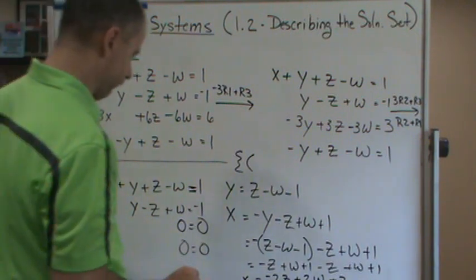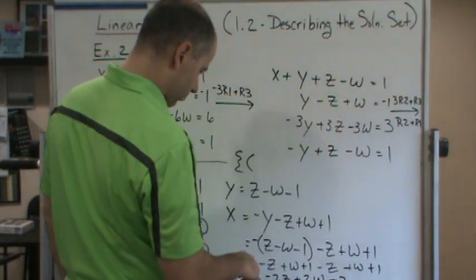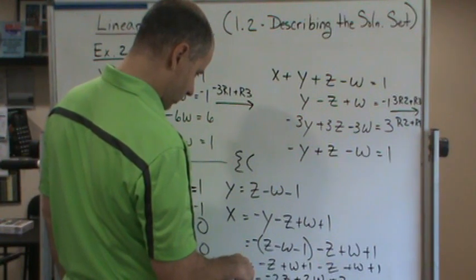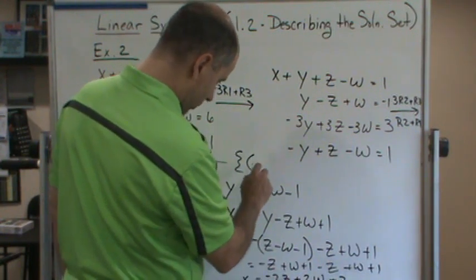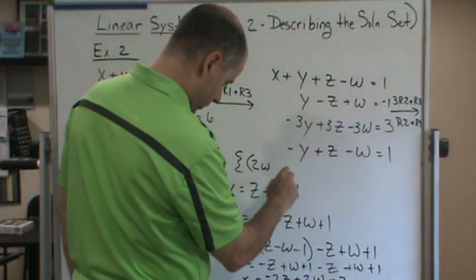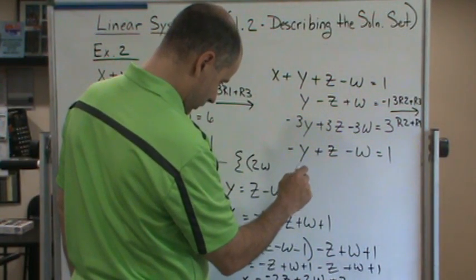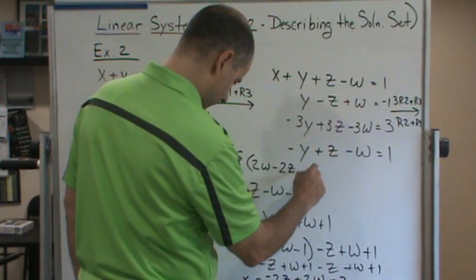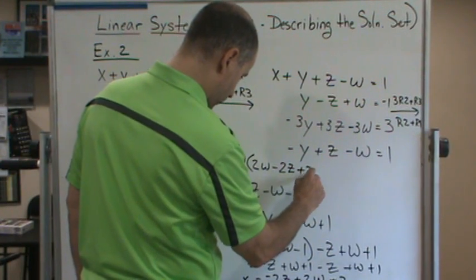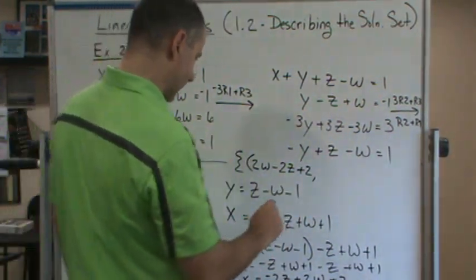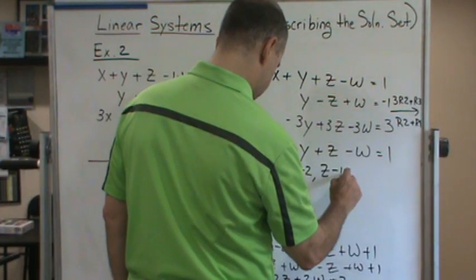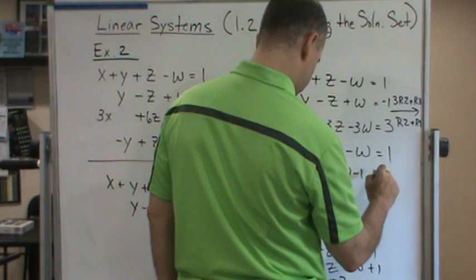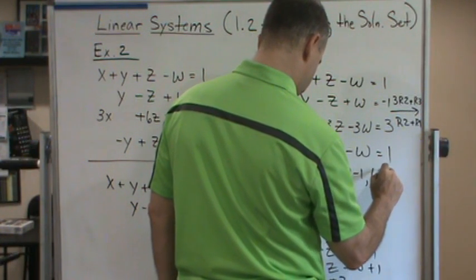I guess it doesn't matter. So we'll do 2w minus 2z plus 2. And then y is z minus w minus 1. And then we're going to have w.